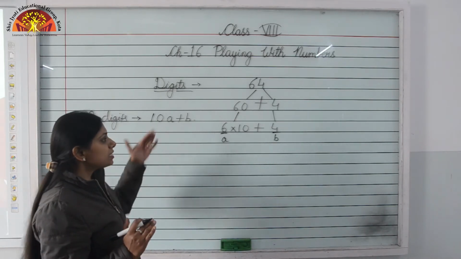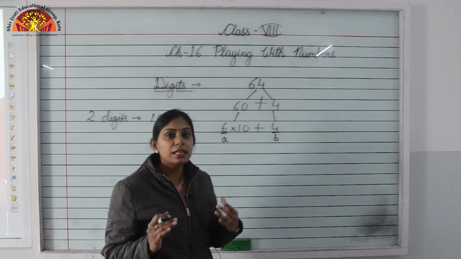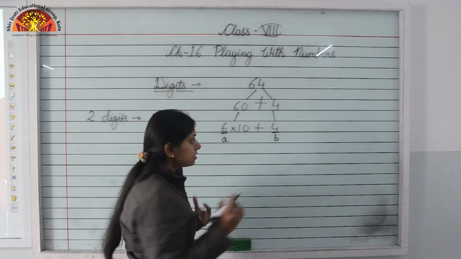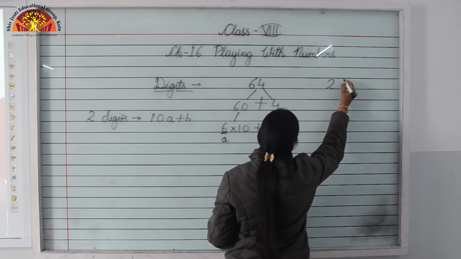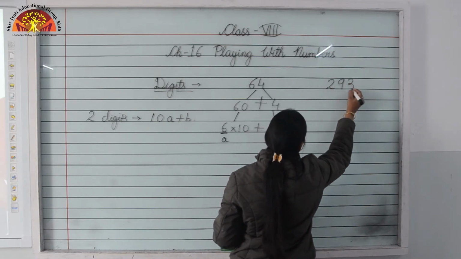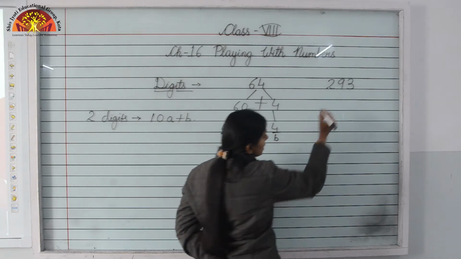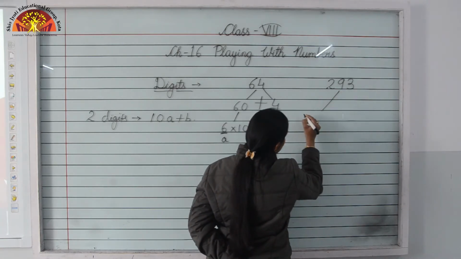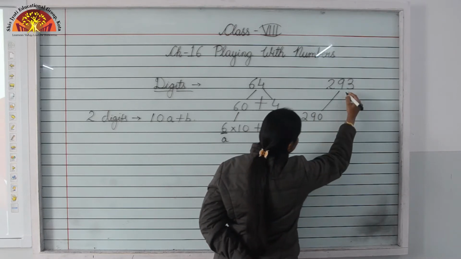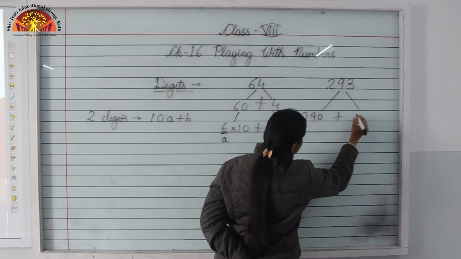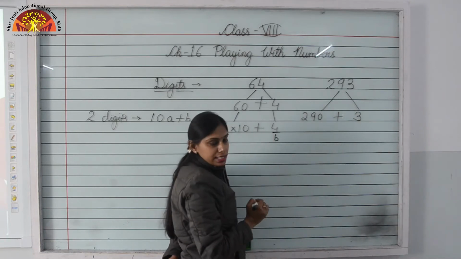Now similarly, if we take a number which consists of 3 digits, suppose I take a random number 293. Is it clear? Now how can we write it? That is 290 plus 3. Is that clear?